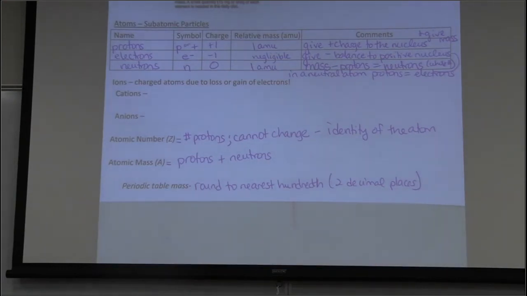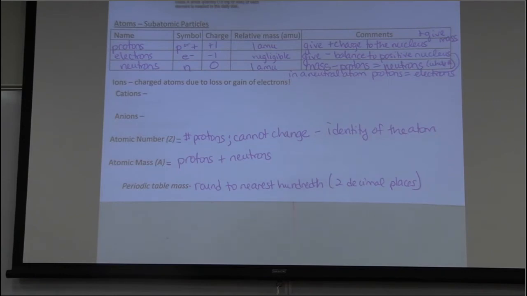Protons are equal to electrons in a neutral atom. But when an atom has lost or gained electrons, it's no longer neutral. Let me go backwards, though. Why can't protons change? That changes the element. Protons never change. So you can't add protons, meaning you can't add positive, you can't lose positive.